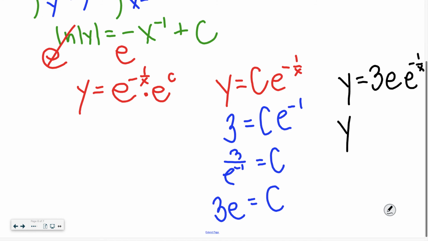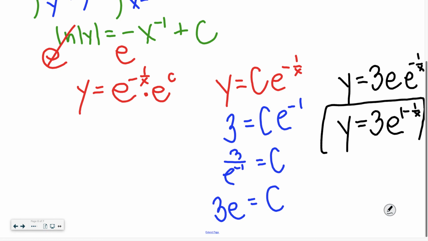So I would ask that you go ahead and use your exponent properties to write this as e to the 1 minus 1 over x, because this is e to the first, so we can combine those. Okay, so there's our particular solution.